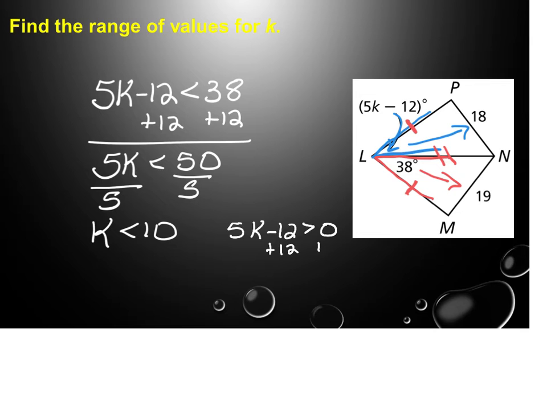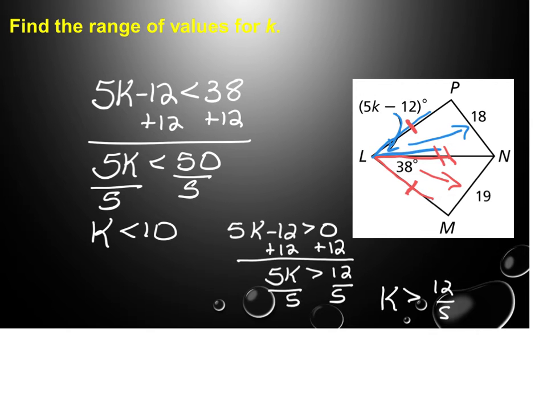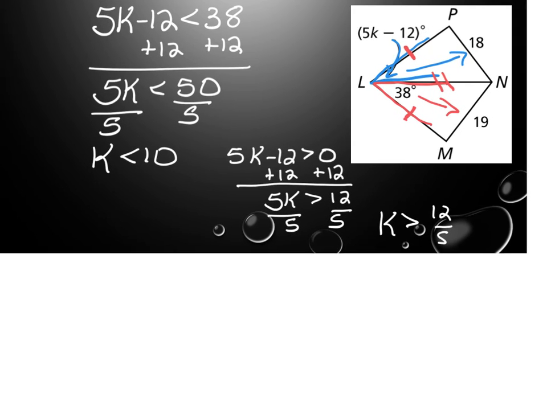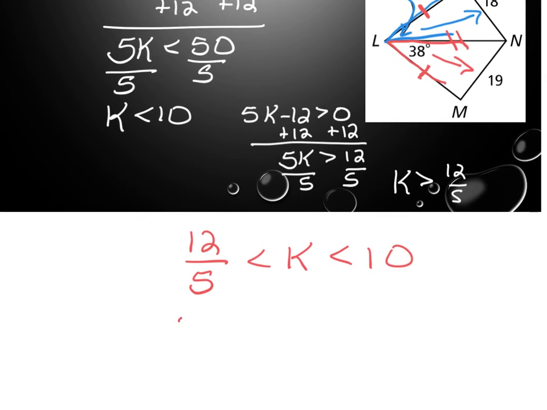So I would add 12. 5K greater than 12, divide by 5, and K must be greater than 12 over 5. So as a compound inequality, the values for K are any number in between 12 over 5 and 10. If you want to make 12 over 5 a mixed number, K has to be any number between 2 and 2/5 and 10.